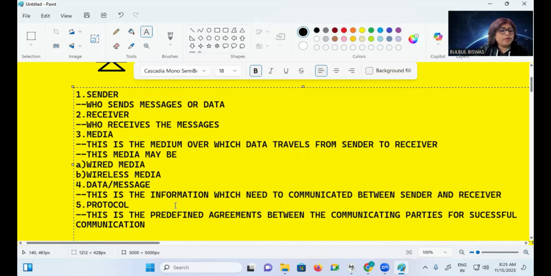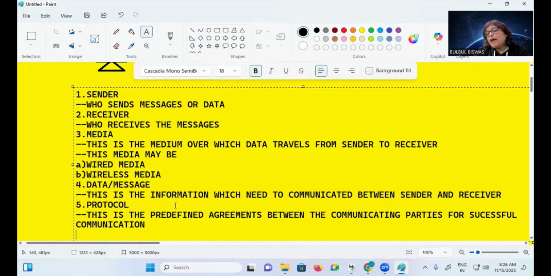We human beings can understand what to do, what not to do, and in which situation what decision we should take. But devices don't have intelligence; we people are making them intelligent. So protocols are regulating the whole communication process.